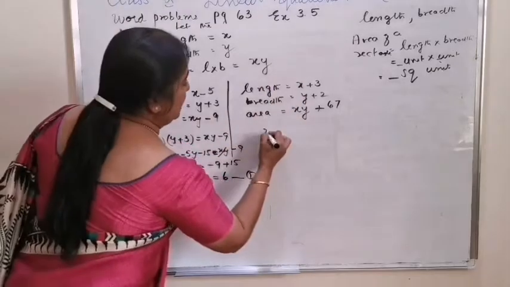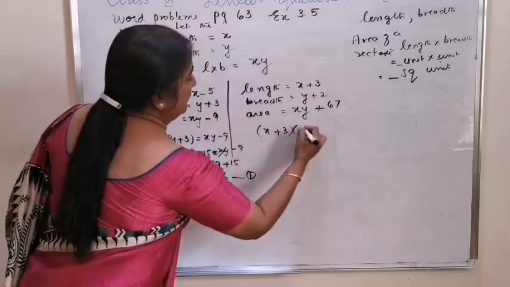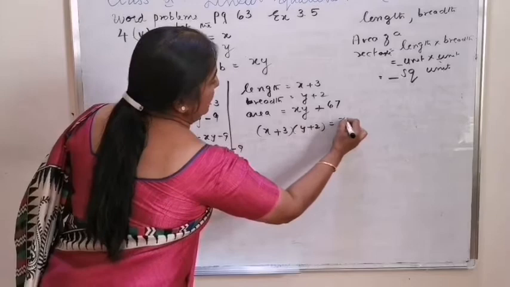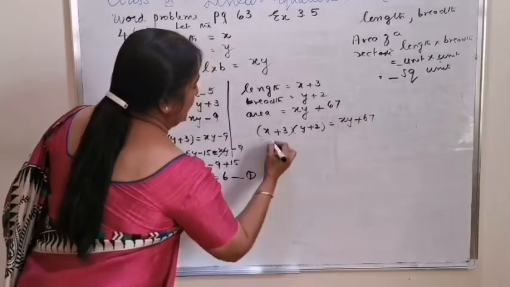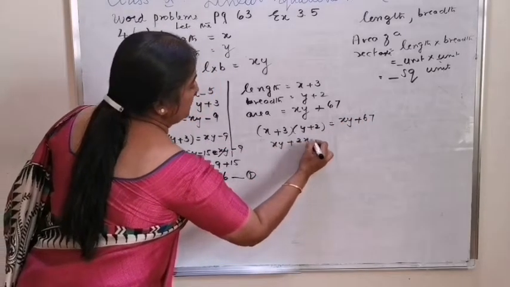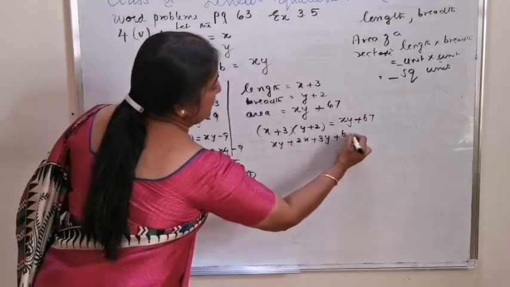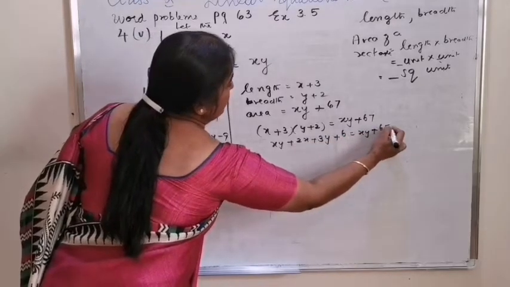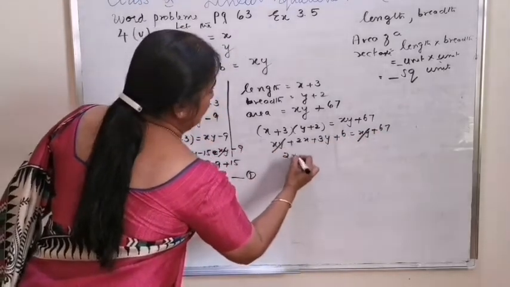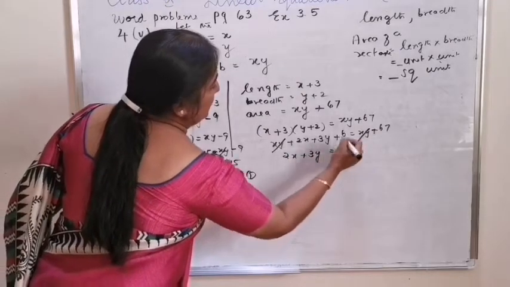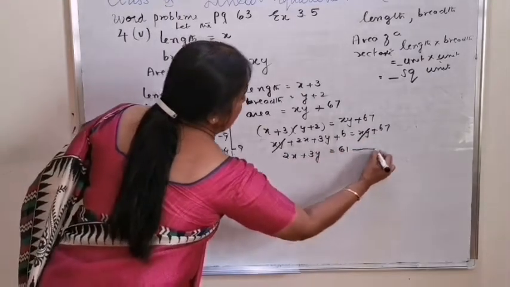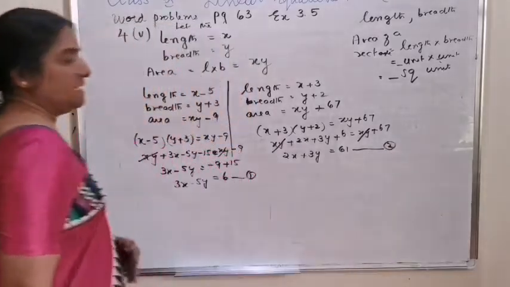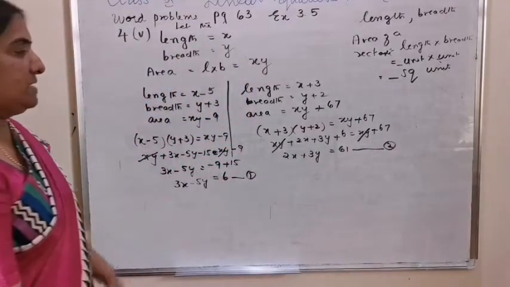So what is the second equation? Length into breadth is equal to area: xy plus 2x plus 3y plus 6 is equal to xy plus 67. So 2x plus 3y is equal to 67 minus 6, which is equal to 61. Thus the equations are formed.